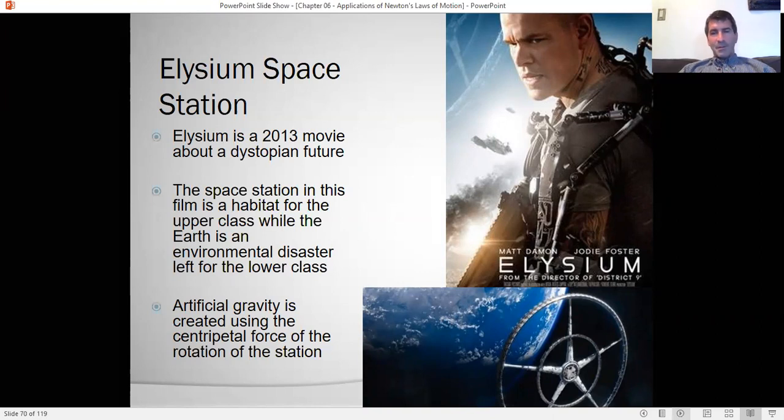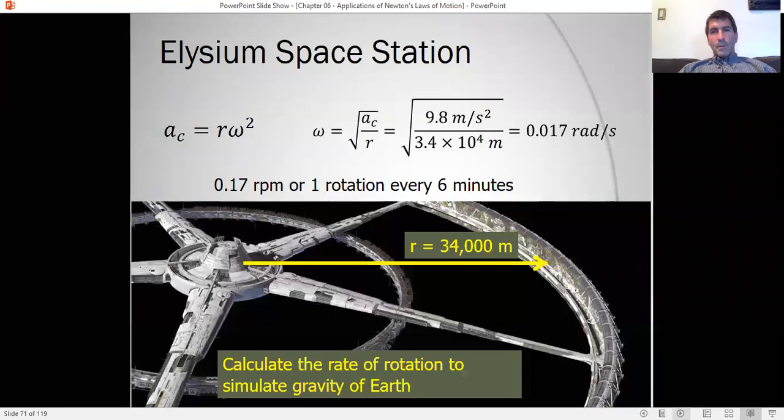I won't ruin the end of the movie, but I got the specs from the movie, how big it was. This space station was supposed to be 34 kilometers in radius. And so I did a little calculation. What do we need to get an acceleration of 9.8 meters per second squared on the station? So here's my original equation.